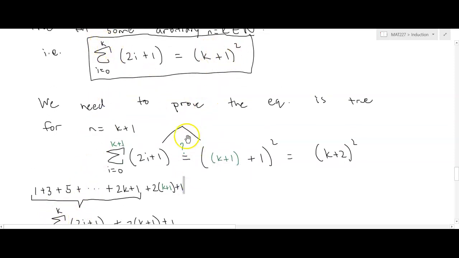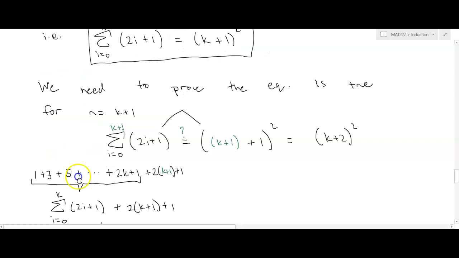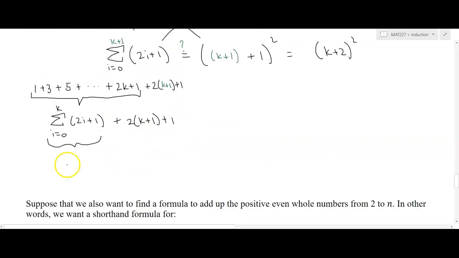Well, hey, now that means I can substitute this out, and I can say this right here equals k plus 1 squared. And now over here I have this extra term of 2 times k plus 1 plus 1.